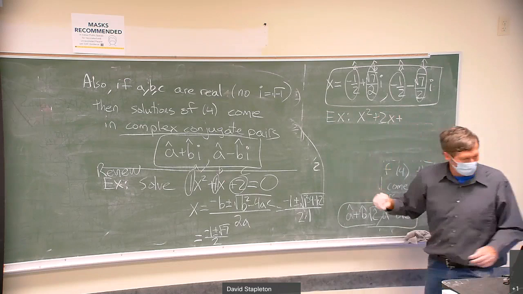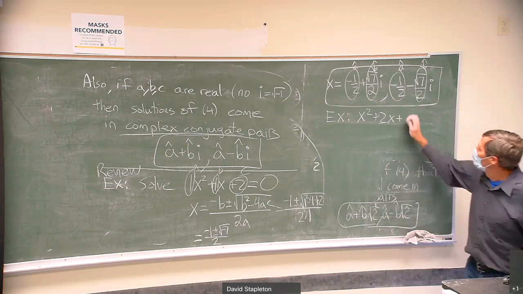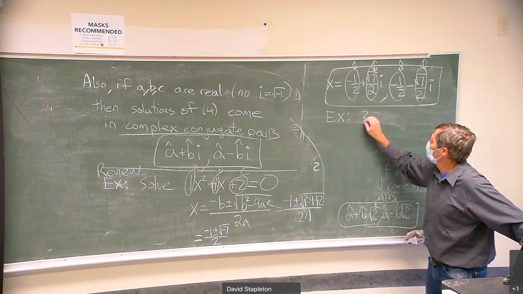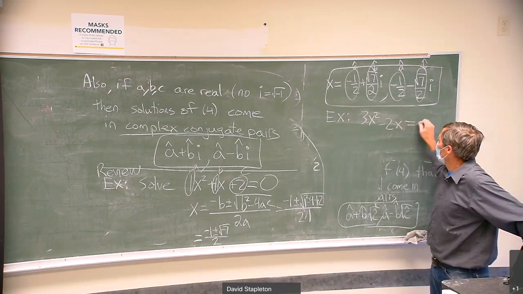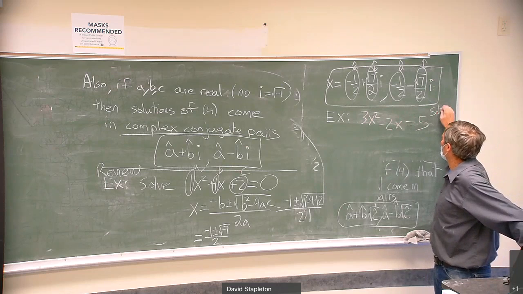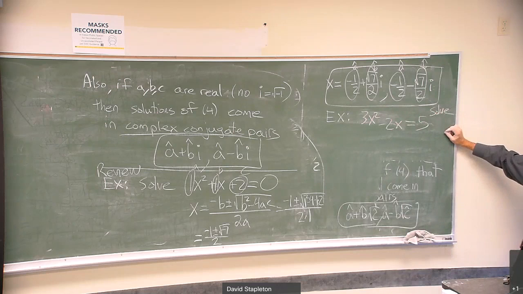Wait a minute. 3x squared minus 2x, no, this one. 3x squared minus 2x equals 5. Suppose I said solve this. Let's solve that. This is your test problem next time.